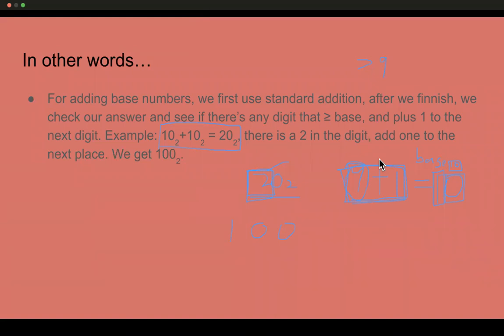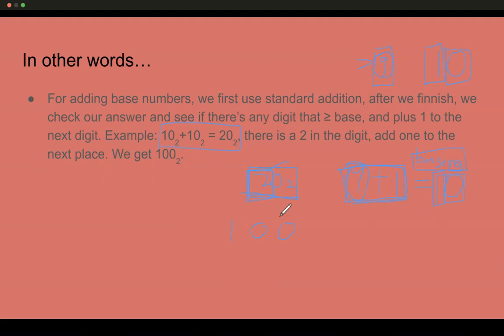Because we can't have a single digit number that's greater than 9, we created the number 10, which is 1 in the tens digit and 0 in the units digit. This number is created so we could count after 9, because 9 is the greatest single digit number in base 10. So let's think about the 10 here in the same way.